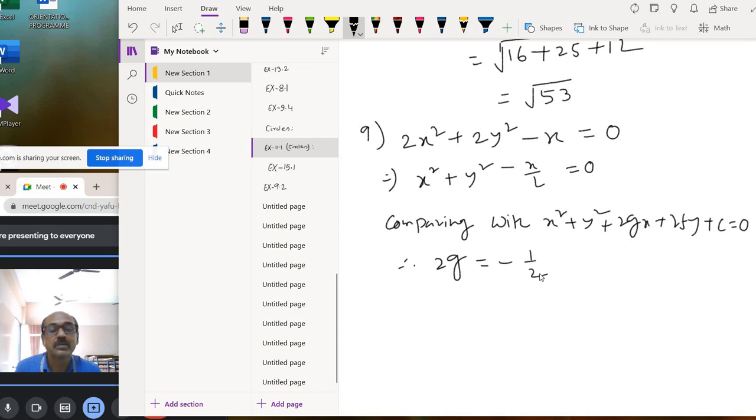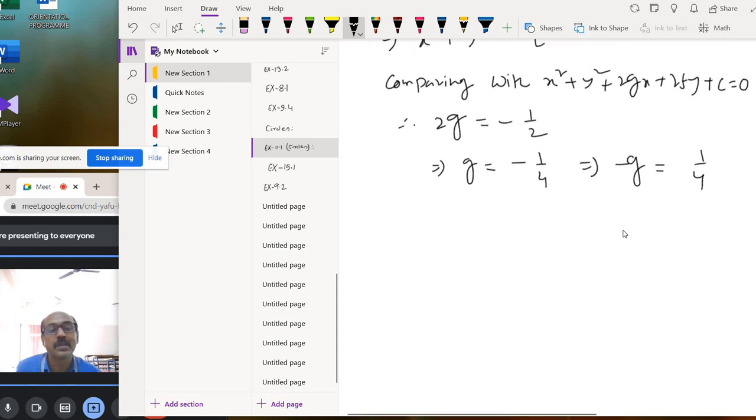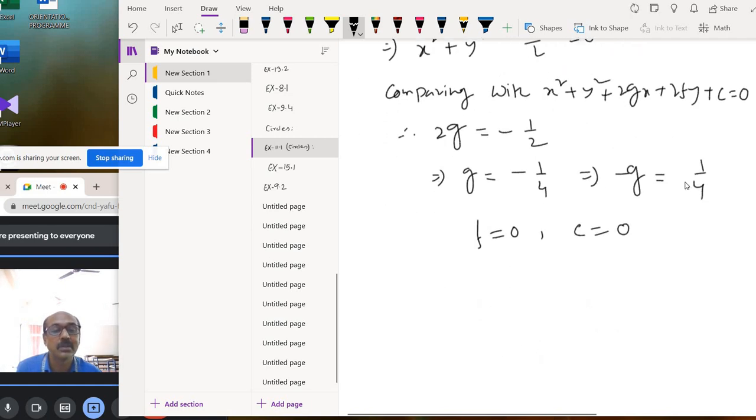So g is equal to minus 1 by 4, and minus g equal to 1 by 4. And f equal to, see the given question, y is absent, constant c also absent, so f equal to 0 and c also 0, only minus x by 2 equal to 0.